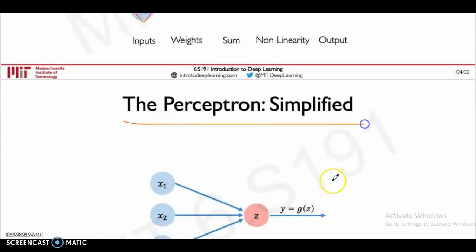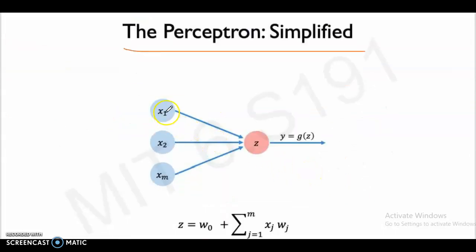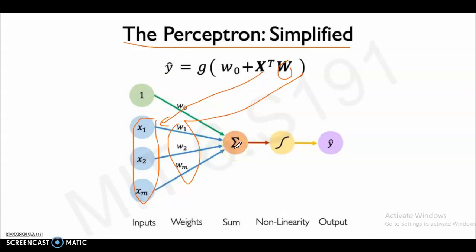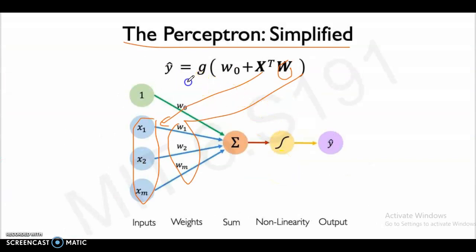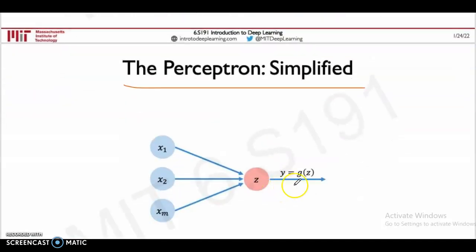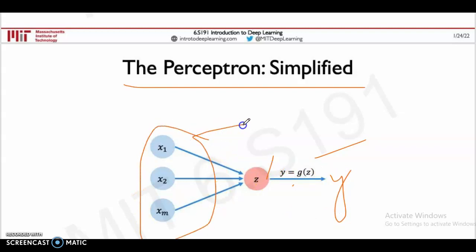The perceptron simplified: y equal to g of z. So this is y, this is the g function, and this is z.